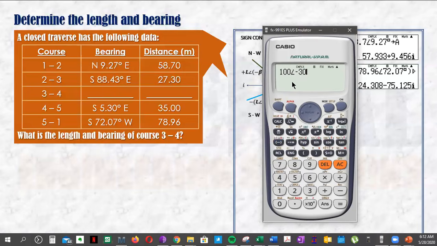Yes, correct, minus 50i. The real part is positive because it corresponds to the latitude, and latitude is positive because it's north. The imaginary part is negative because it corresponds to the departure, and departure is towards the west, which is why it's negative.